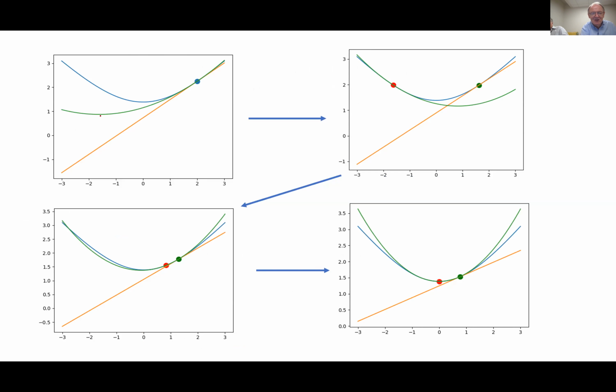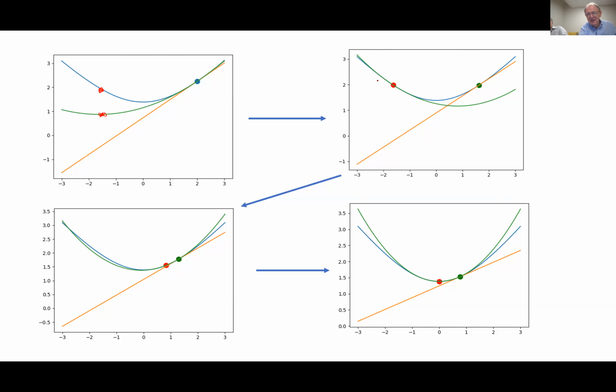And then I'm going to say, well, the minimum of this quadratic one is probably going to be close to the minimum of the curve I'm approximating. So here's the minimum of the green curve. That corresponds to this point here on the blue curve, which is the actual one. So that means that the next point we're getting is this point here.